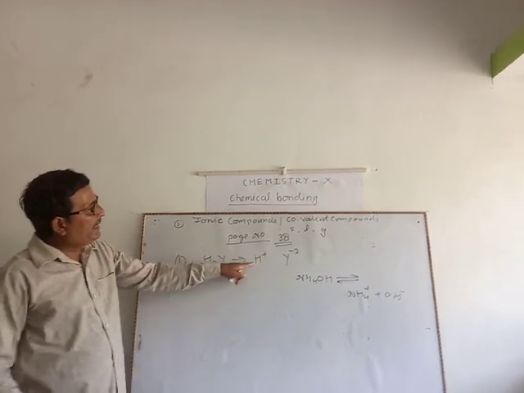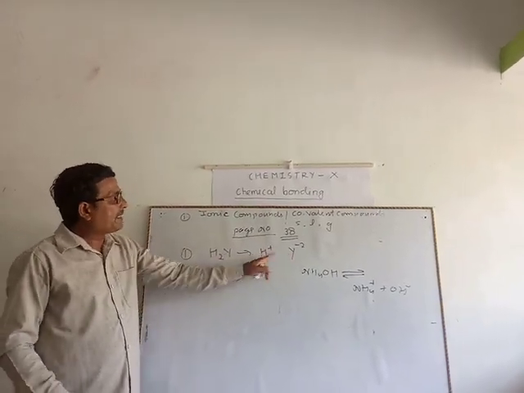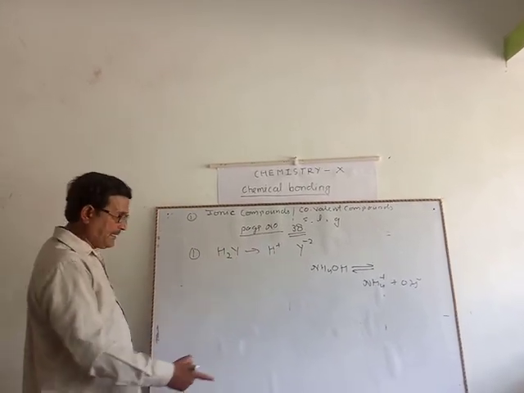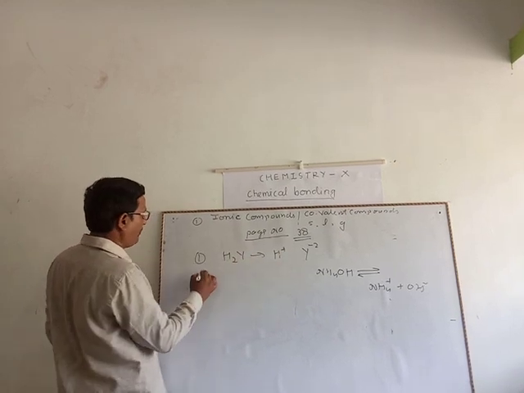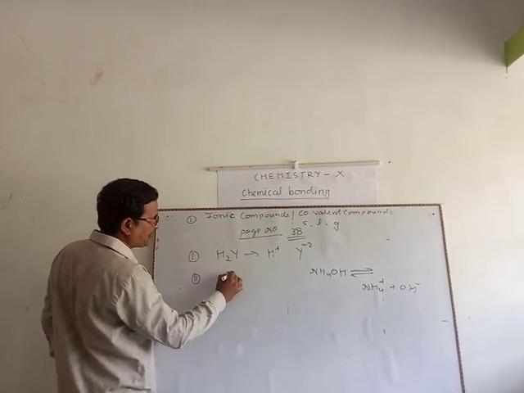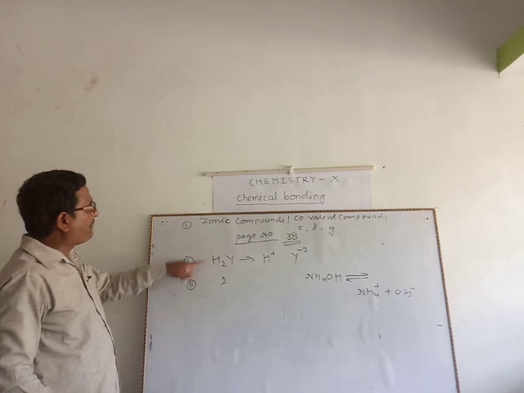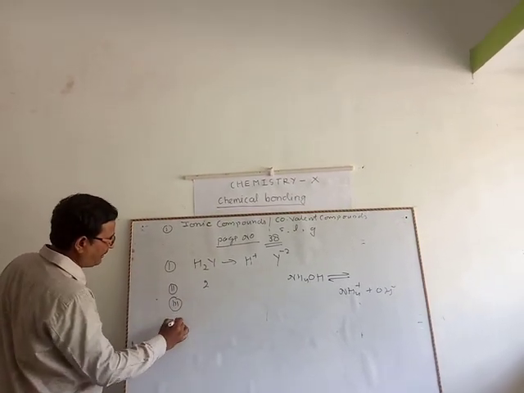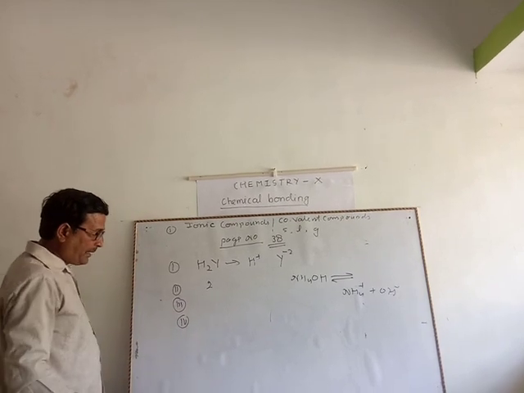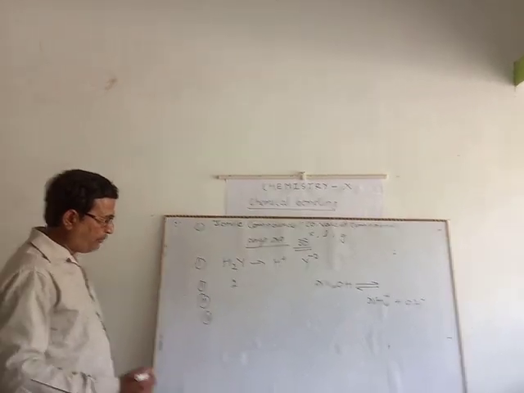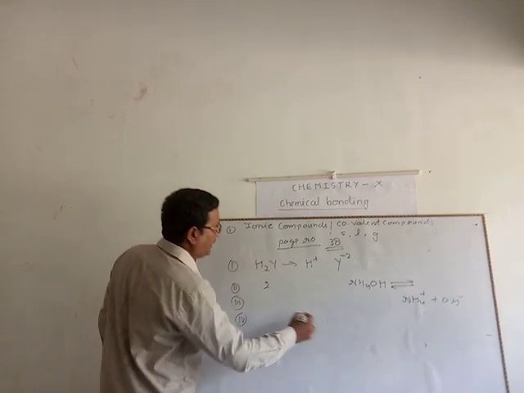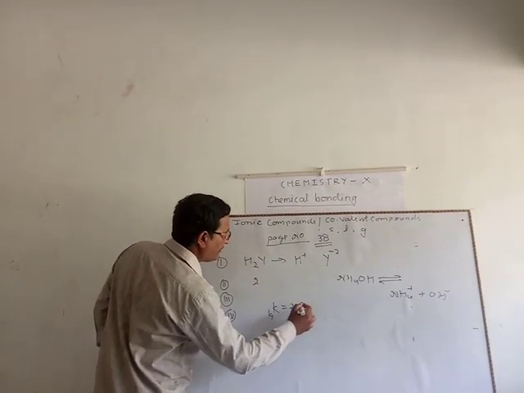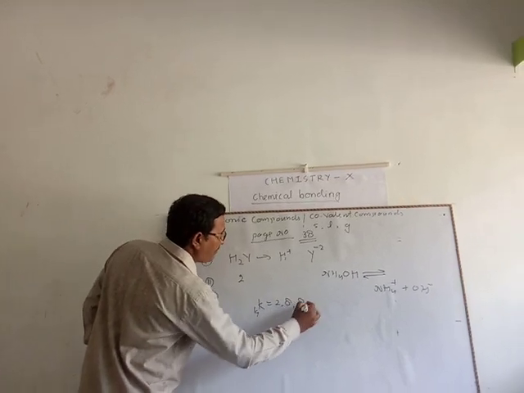Both are mostly non-metals, meaning this compound is a covalent compound. What is the valency? Next point, the valency of Y. The valency of Y is 2. The bonding present in this compound is a covalent bond. Third one, covalent bond. Fourth one, the bonding present in a compound formed between potassium and Y. You know that the electronic configuration of potassium is 2, 8 and 1.